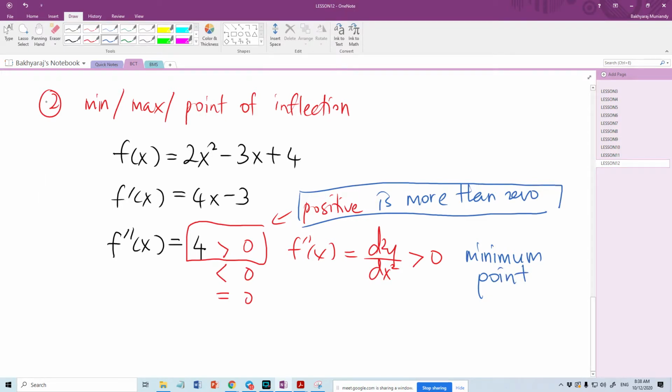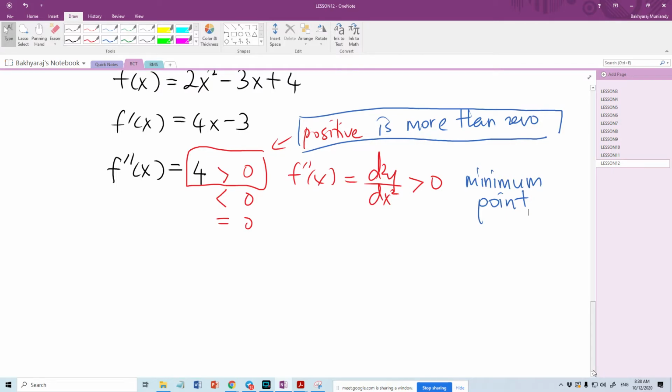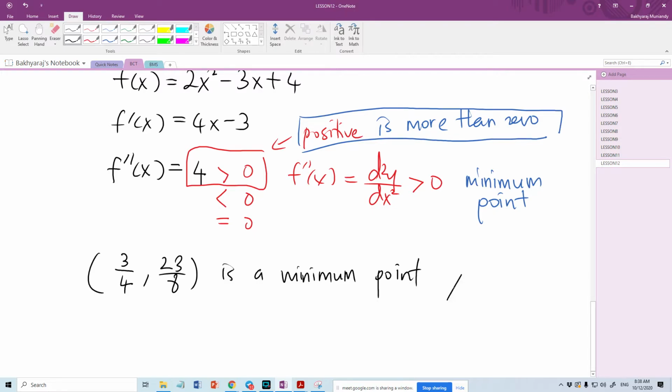So conclusion yang saya kena buat last ialah I need to put the point again. So my point is actually what? 3 over 4, comma 23 over 8 is a minimum point. So this is my conclusion. So saya dapat dah minimum point itu ialah 3 over 4 and 23 over 8. So itu ialah jawapan saya.